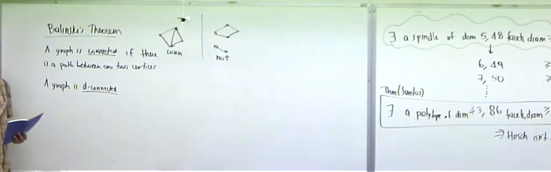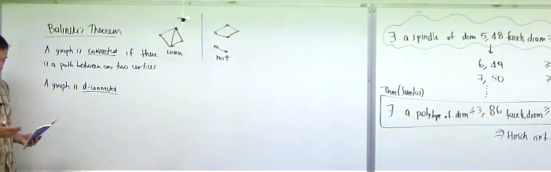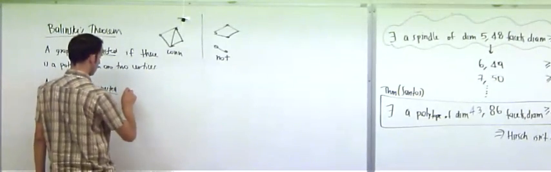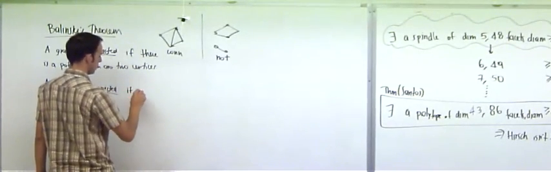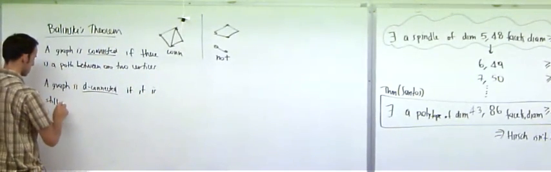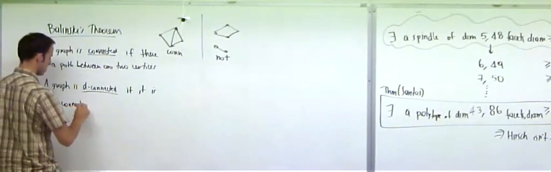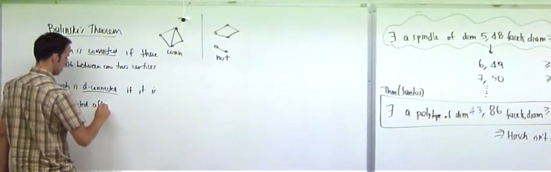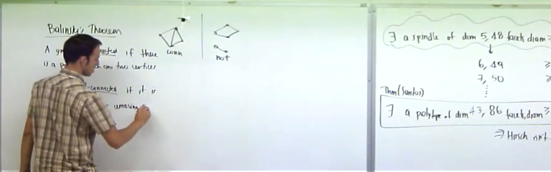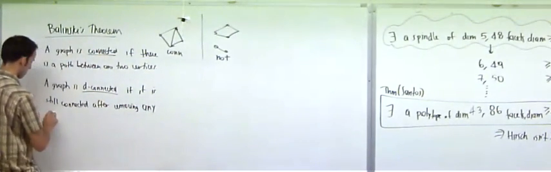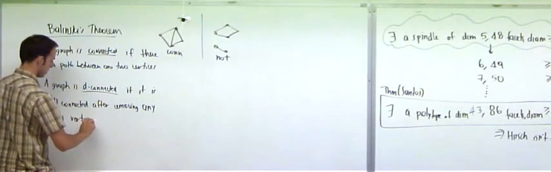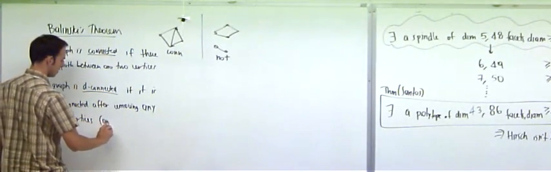It's very connected in the sense that you could delete any d-1 vertices and you're still not going to be able to disconnect it. If it is still connected after removing any d-1 or fewer vertices and all incident edges.